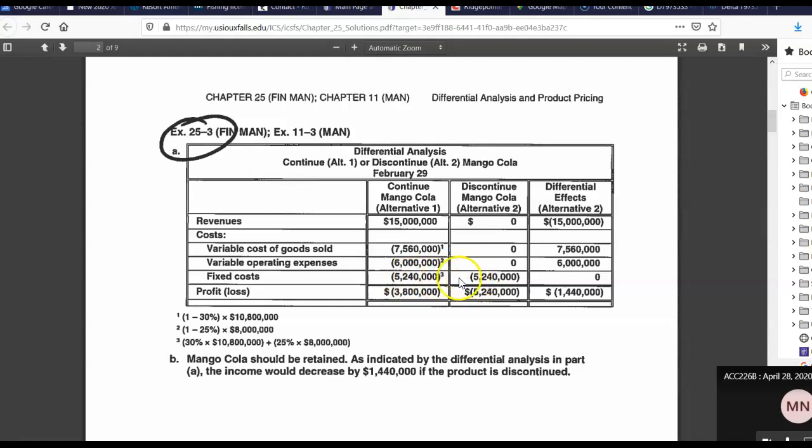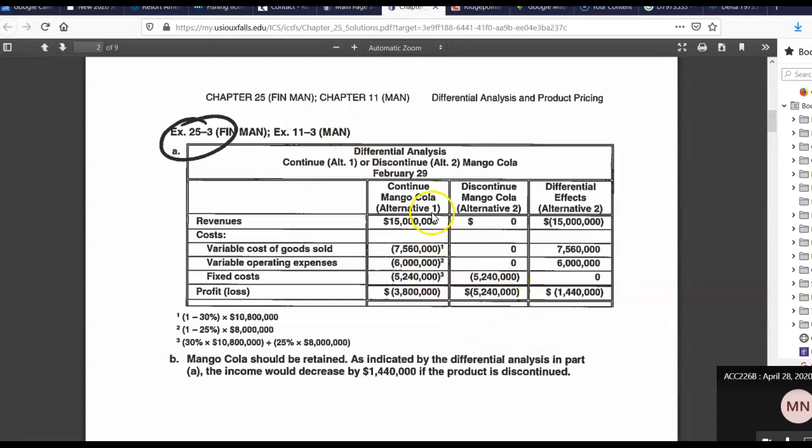The fixed costs will stay whether you do either alternative. So you can do it one of two ways. You can either exclude this line altogether, or if you do include it, make sure it's in both columns, both scenarios. It doesn't matter, as long as you're consistent, you either include it or exclude it. So that's the big deal.